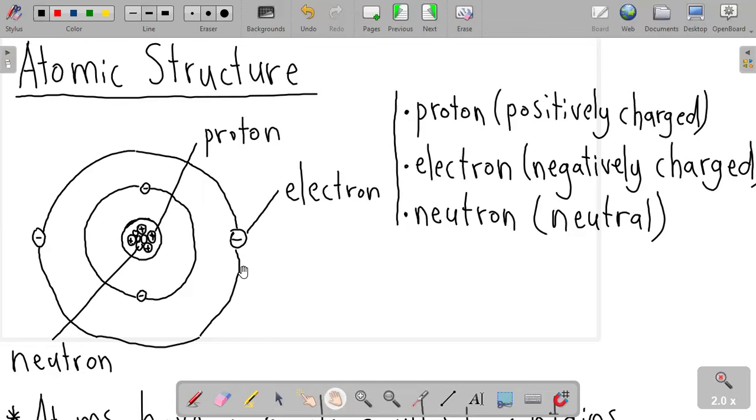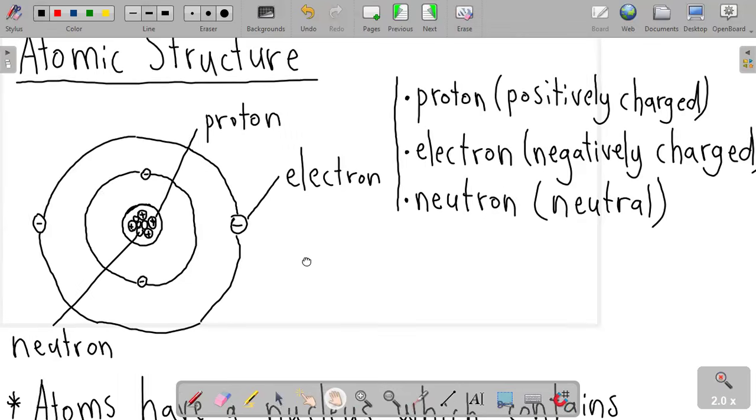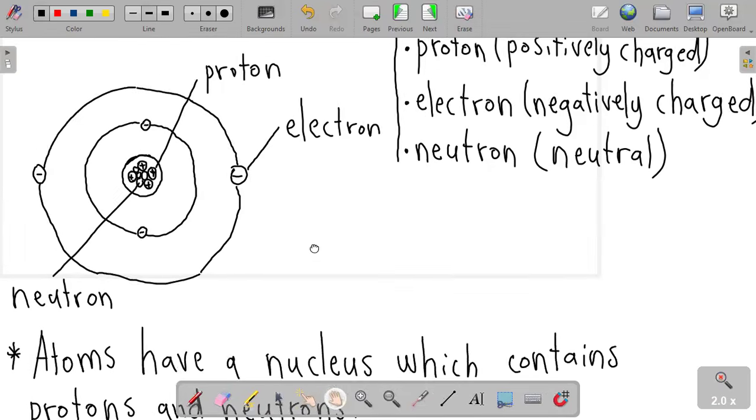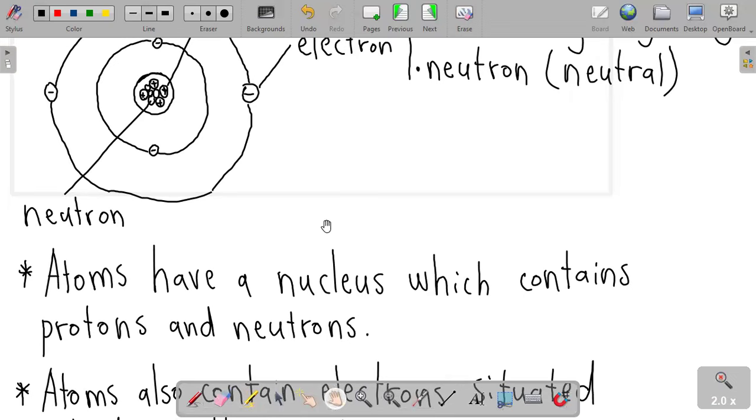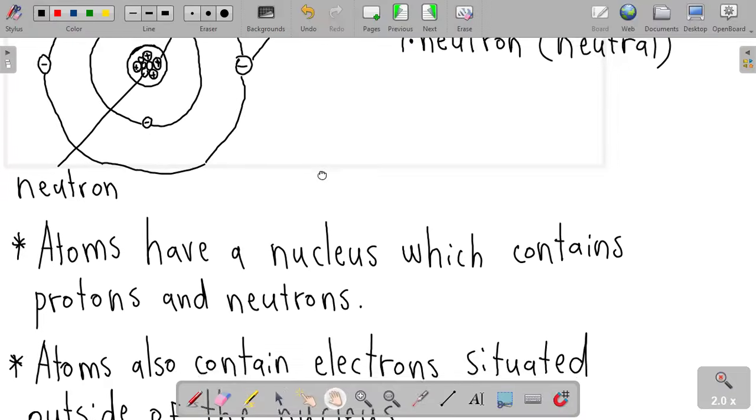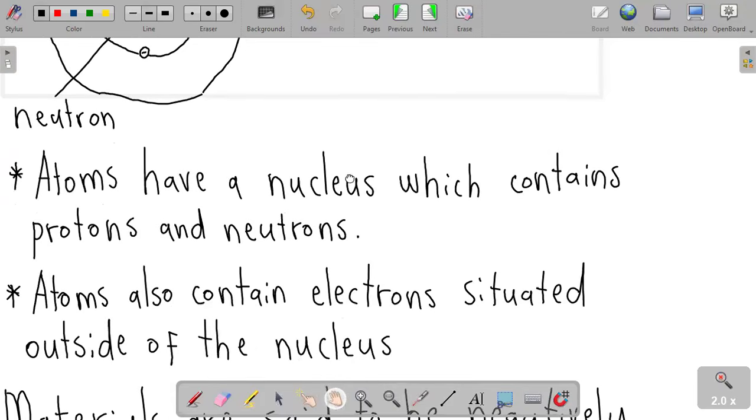It is the movement of these electrons that will charge or discharge the particles and the materials that we're going to be looking at in this topic.